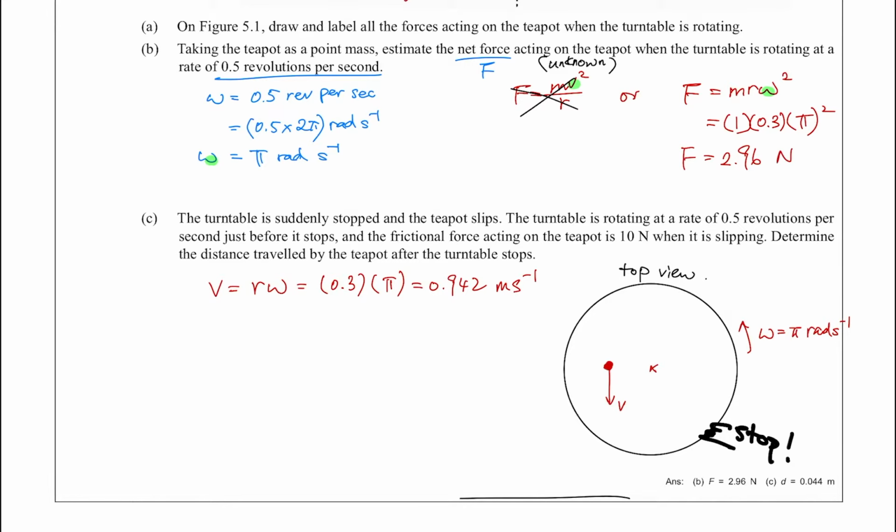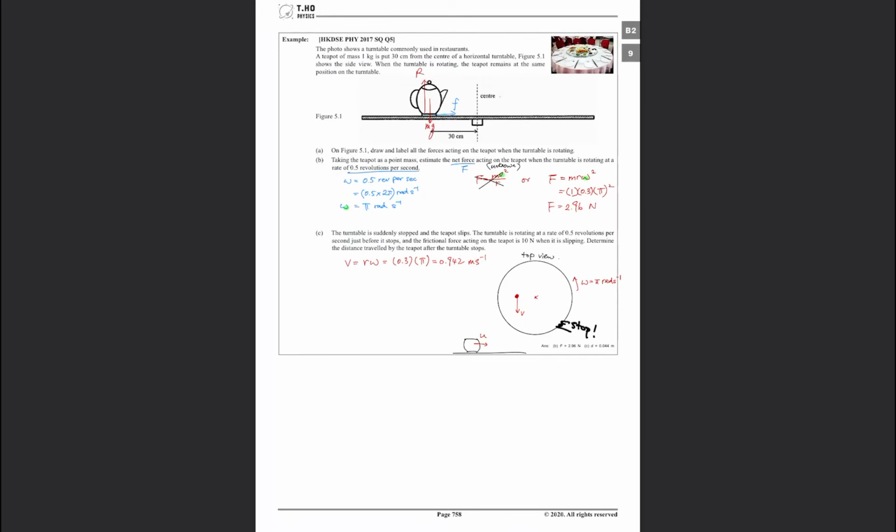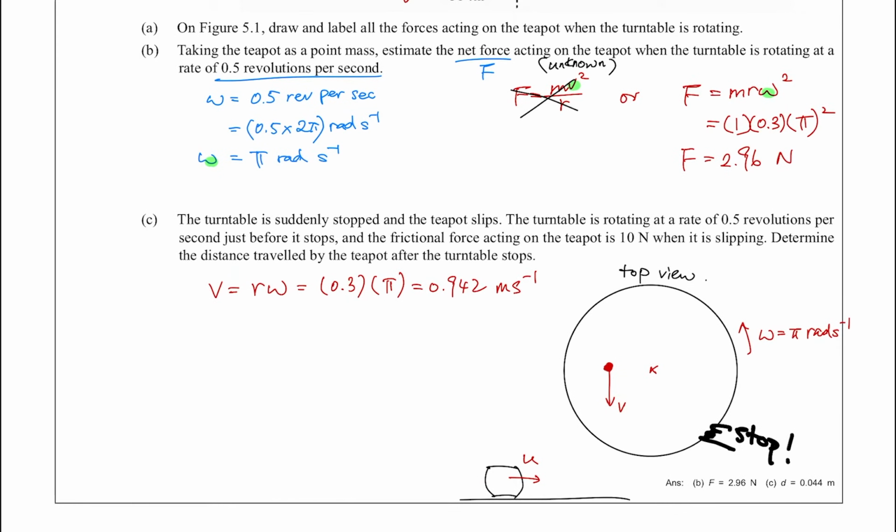I will illustrate using a side view. So we have a turntable surface like this. The teapot is originally moving. I would use u to indicate the initial speed. u is equal to 0.942, but it suddenly stopped. The turntable suddenly stopped.